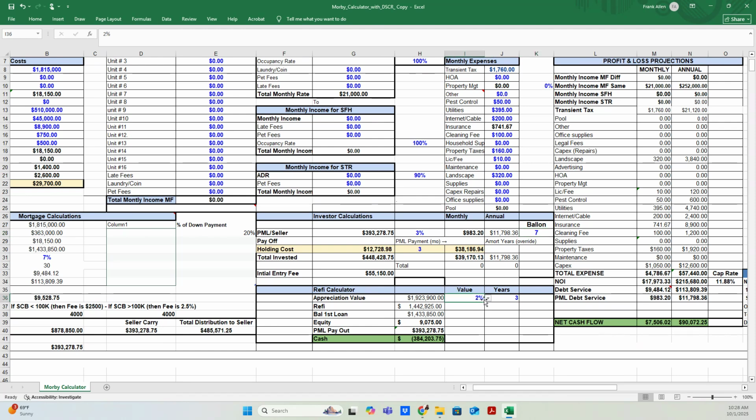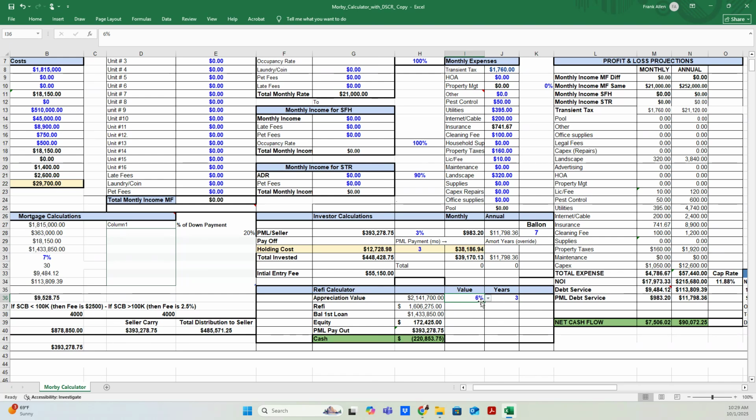Okay, appreciation value. So I looked up the address for the appreciation value in this area. Typically, your appreciation value in most markets is 3 to 5%. This one is at 7, which is great. So I only put in 6 just to be on the safe side, right?